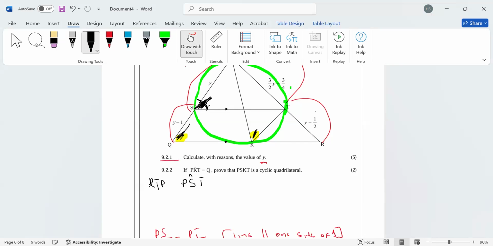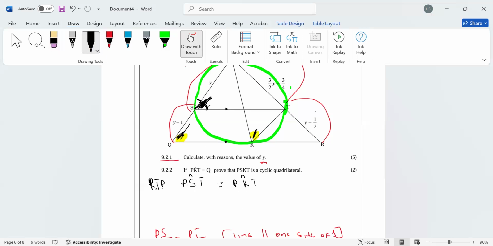RTP: we are required to prove that PST is equal to PKT.